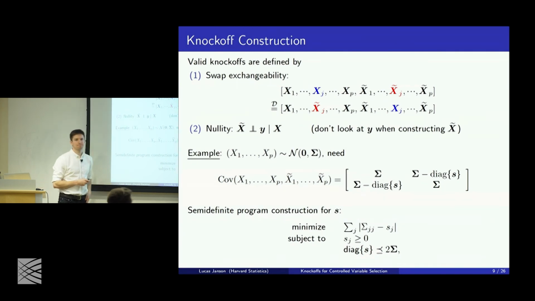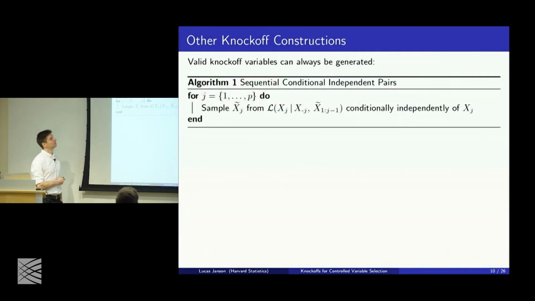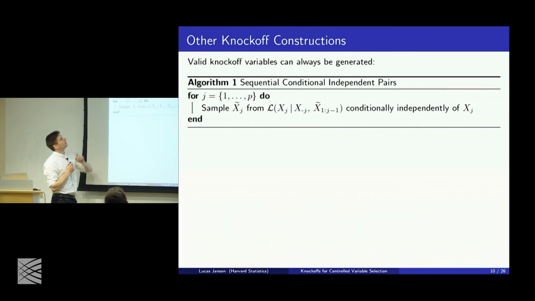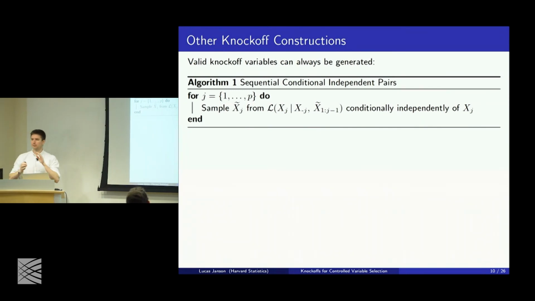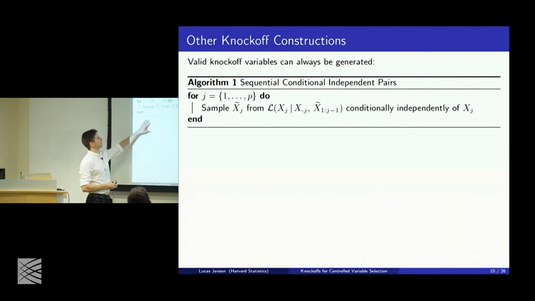Yeah? So this construction makes sense if you have some multivariate normal data, but otherwise, just getting this covariance term is going to satisfy. Indeed. Good point. So much more generally, beyond multivariate Gaussian, any distribution can have valid knockoffs. This is a statistical statement, not a computational statement. This is an algorithm, quote unquote.